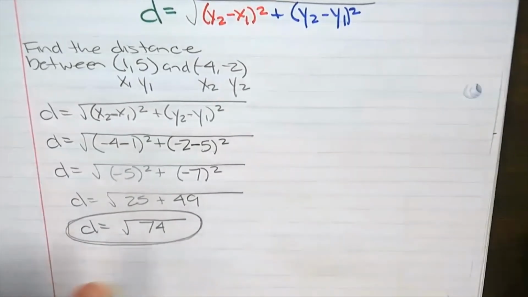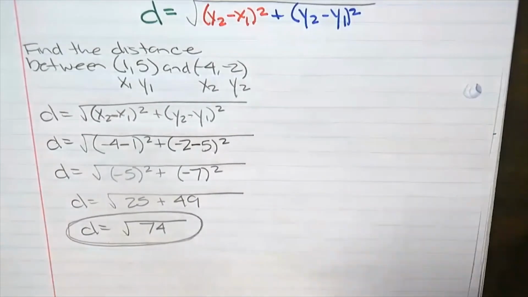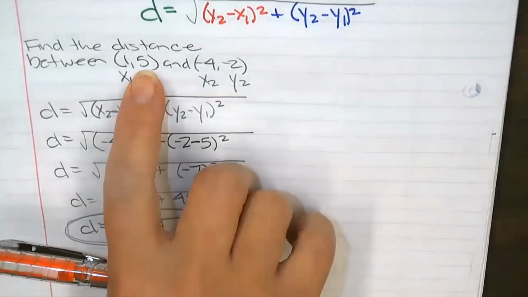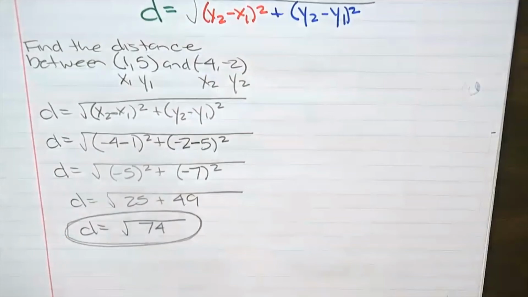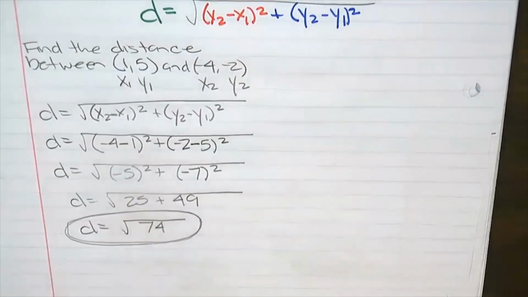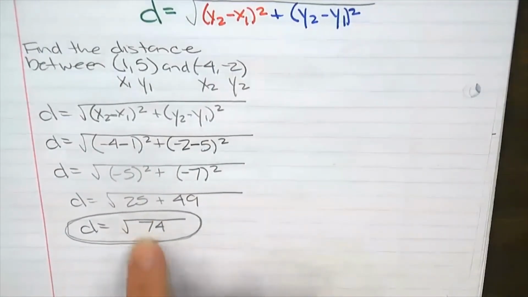You're not going to have to use a calculator to figure this out. You can leave it just like this because 74 is not a perfect square. So the distance between 1, 5 and -4, -2 is the square root of 74 and whatever units they're using. So it could be inches, feet, meters, whatever. It's the square root of 74.